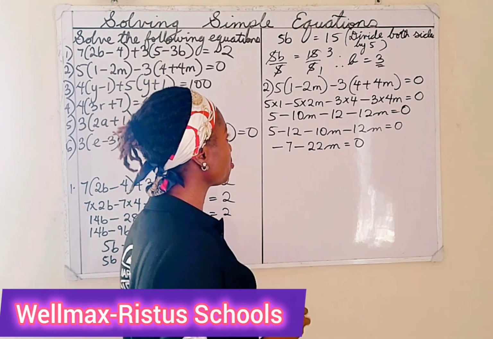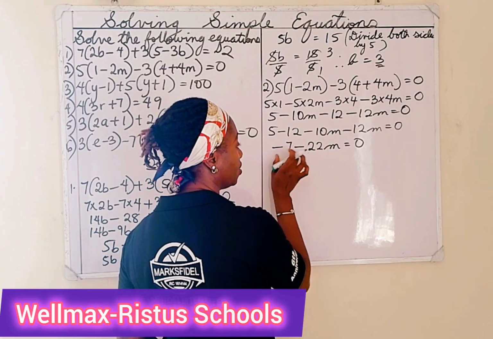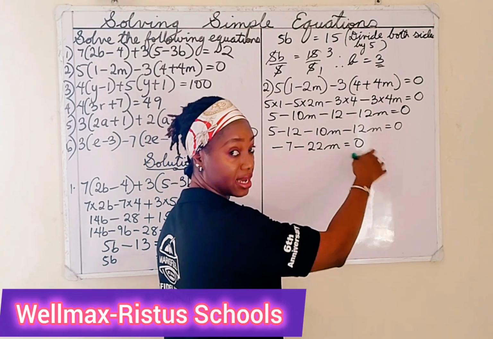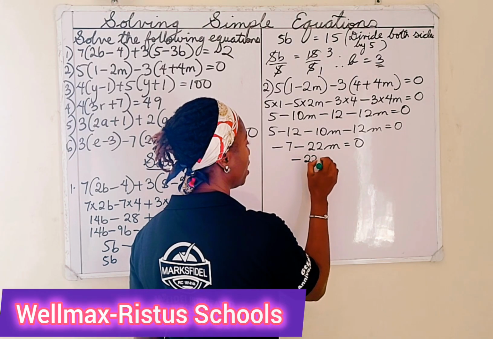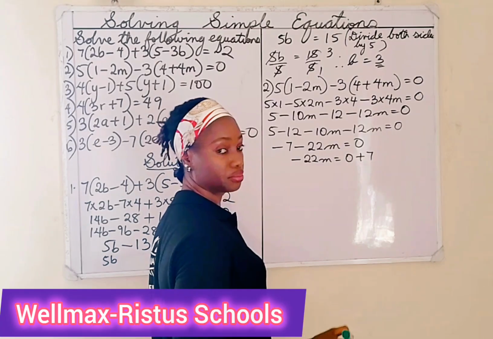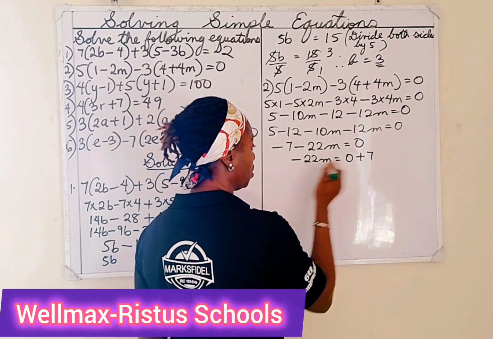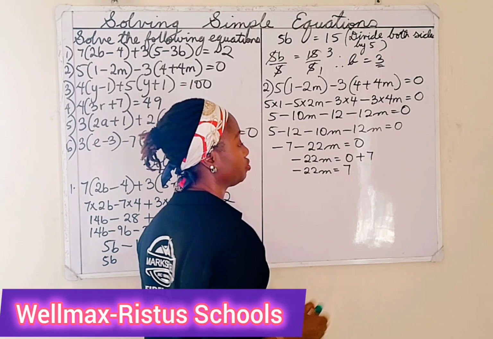Now let's continue. We're going to move this minus 7 to the other side, and it becomes plus. So we are left with minus 22m equals 0 plus 7. Then we have minus 22m equals 7.